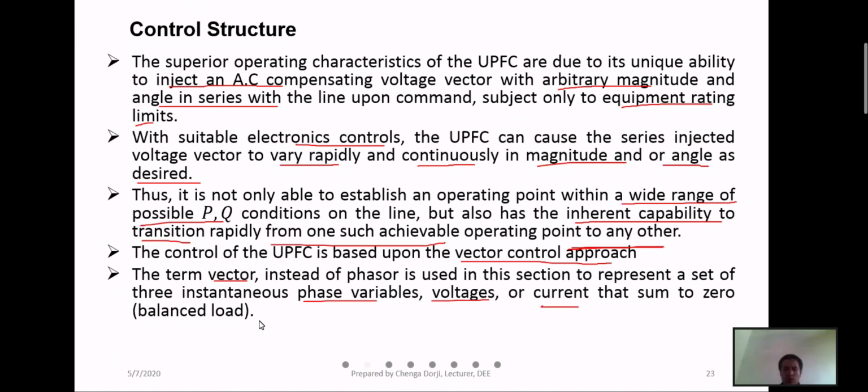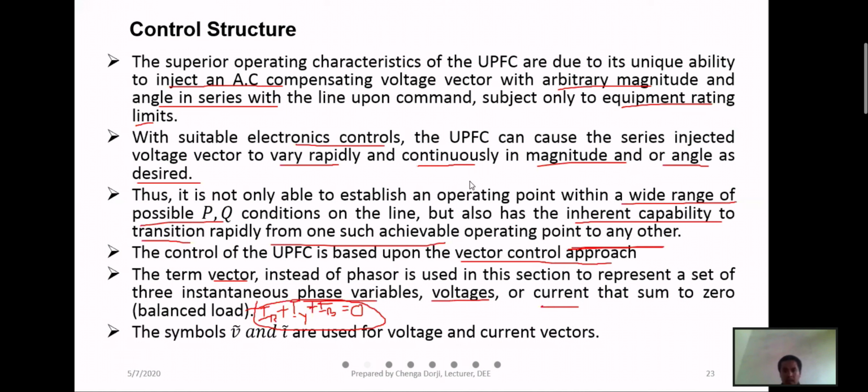So if IR + IY + IB = 0, then we say it is a balanced load. That is why we call it a vector instead of a phasor.